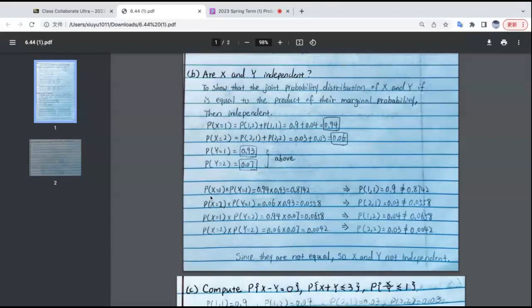So use the probability of x equal to 1 times the probability of y equal to 1.